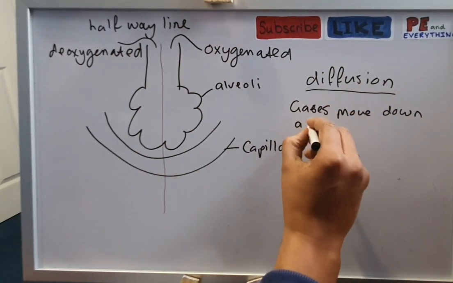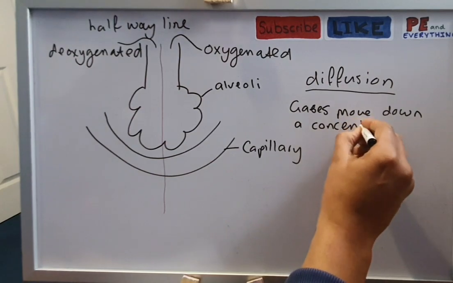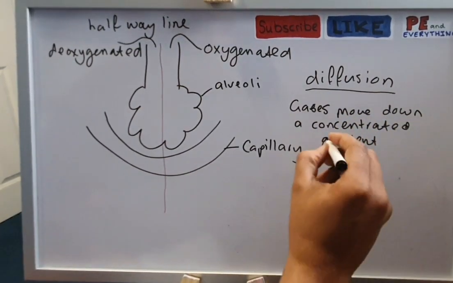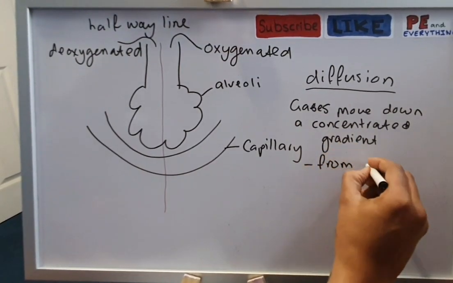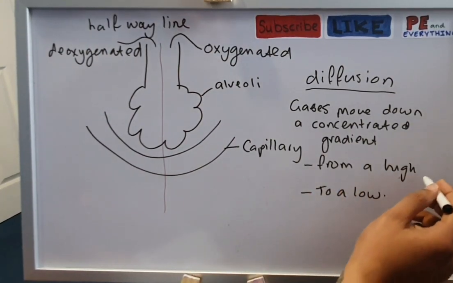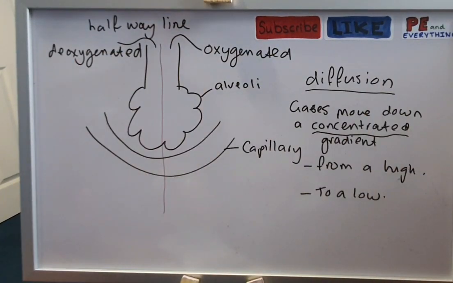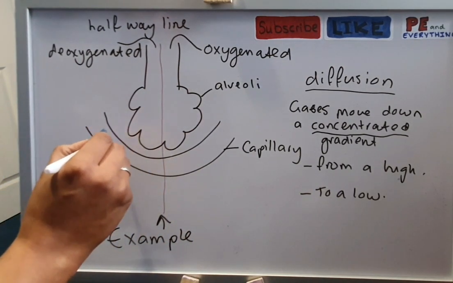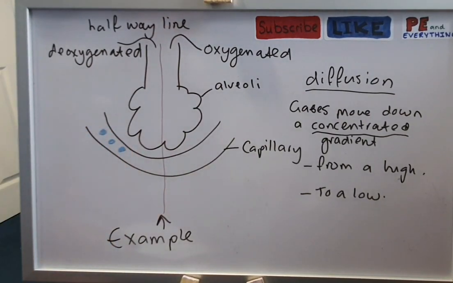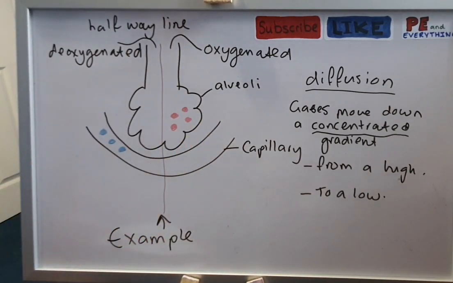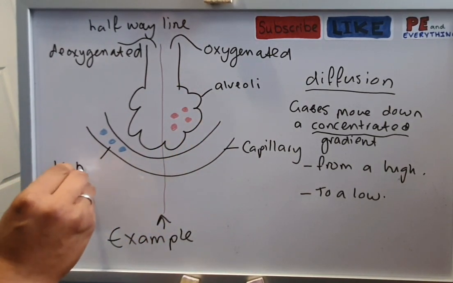Okay, so let's look at this word diffusion. Gases move down a concentration gradient. So it goes from a high concentration to a low concentration area. An example of this would be, blue pen, carbon dioxide is in the blood vessels and oxygen is in the alveoli.